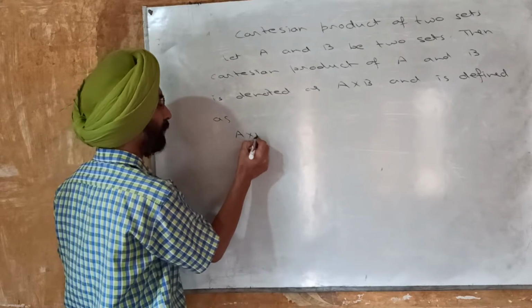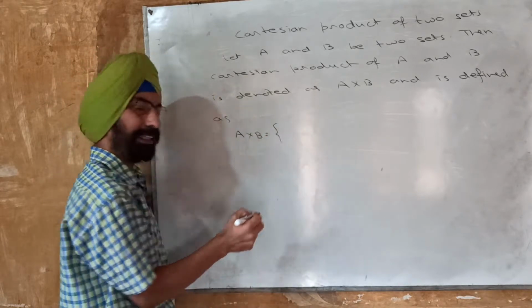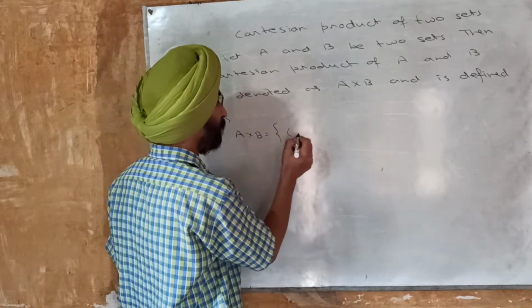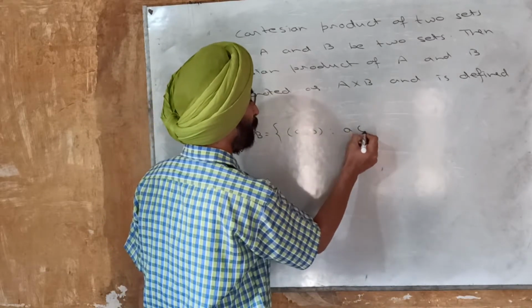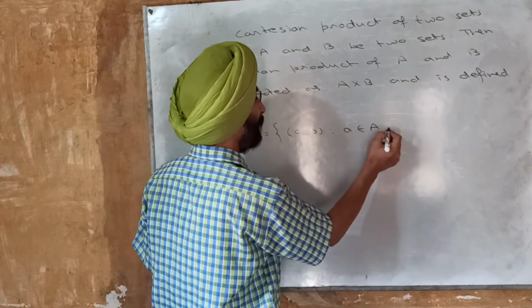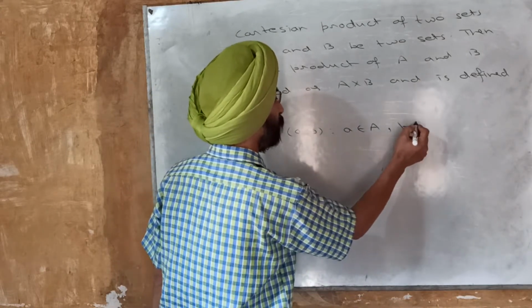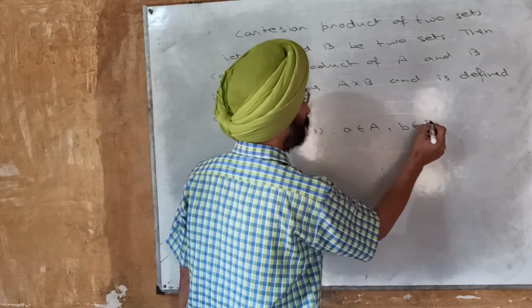A cross B is also a set containing ordered pairs (a, b), where the first member a is coming from the first set A and the second member b is coming from the second set B.